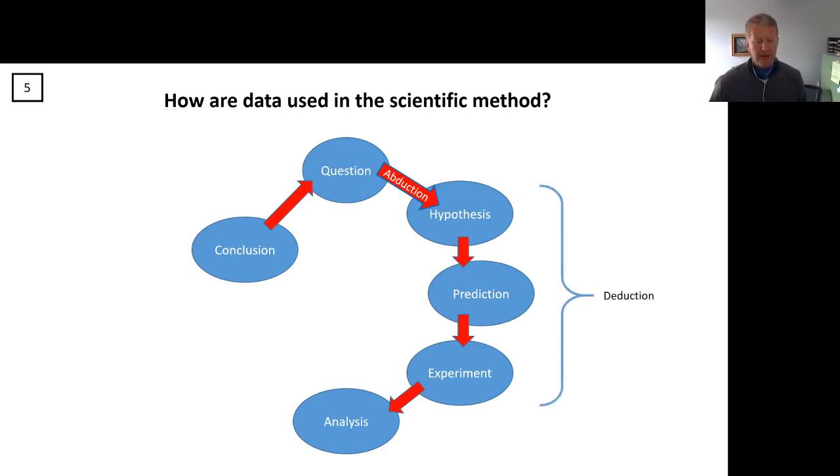So the avenue of reasoning that we're taking here through this process of experimental design is called deduction. So we're trying to go from the more general understanding of causality to the more specific test of that causality through testing a very specific prediction that we've made based on that causal relationship.